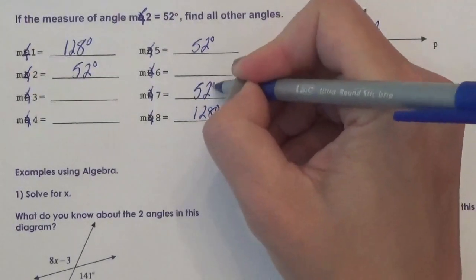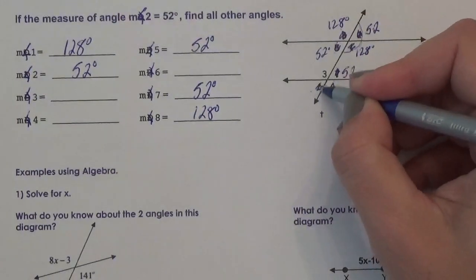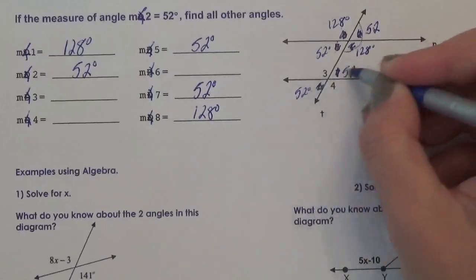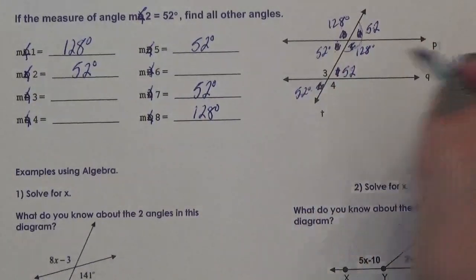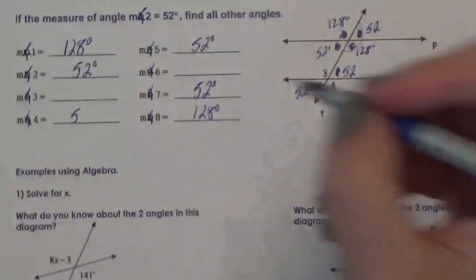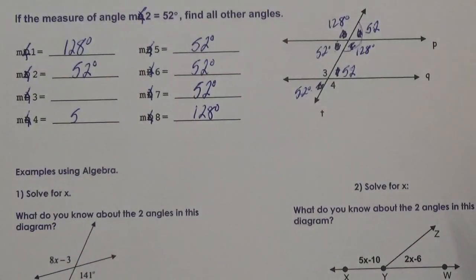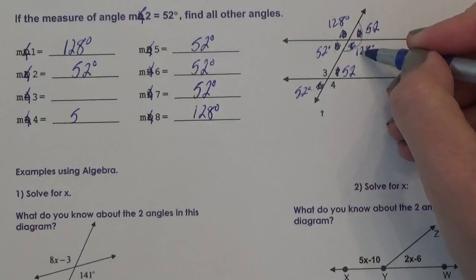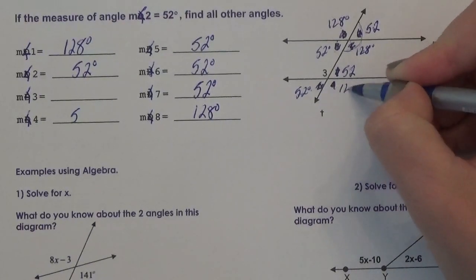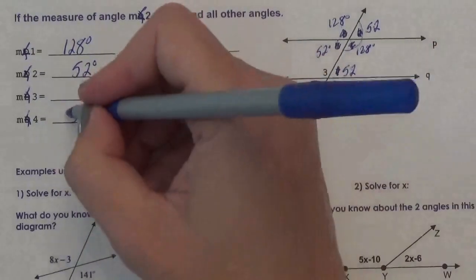So 7 is 52, which means 6 is 52, right? Using vertical, straight across. Okay, 6 is 52. We could use corresponding again. If the lower right one is 128, angle 4 has to be 128.